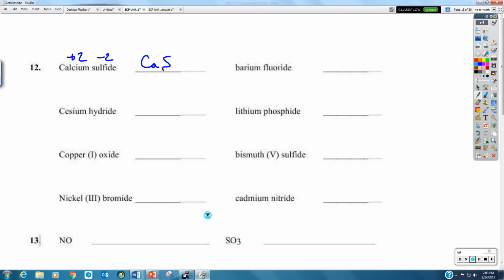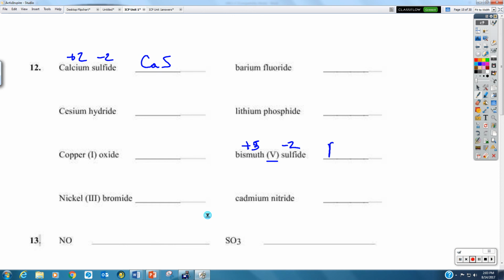CaS. Let's look at this one with the Roman numeral. Bismuth 5 sulfide. What's the charge of bismuth? +5. And then sulfur is normally -2.